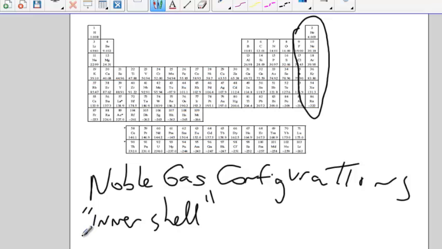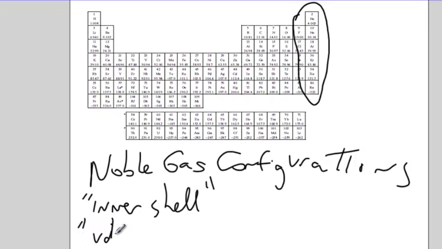The ones we care about are the valence electrons, the outer shell ones, the ones in layers that are not filled. So those are the ones that matter most when we write an electron configuration. So in a noble gas configuration, we're going to hide all those inner shell ones and just worry about the outer shell ones. Let me show you how to do that.